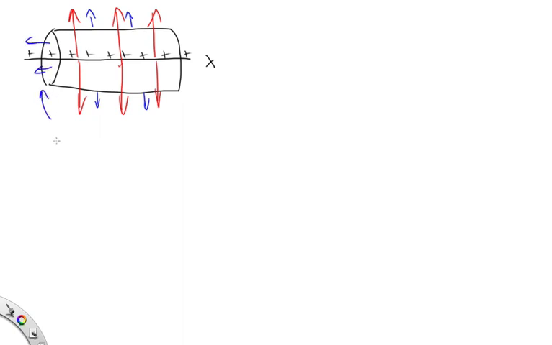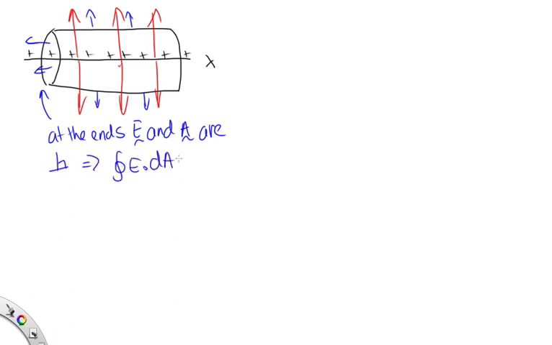So at the ends, E and A are perpendicular. So that tells us that E dot dA will equal 0, because this will be times cos 90, which is 0.